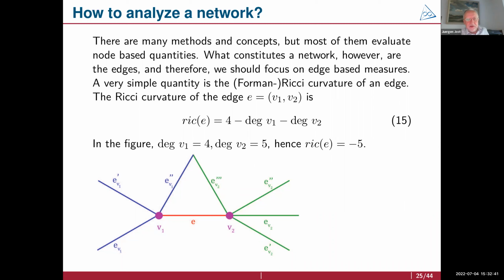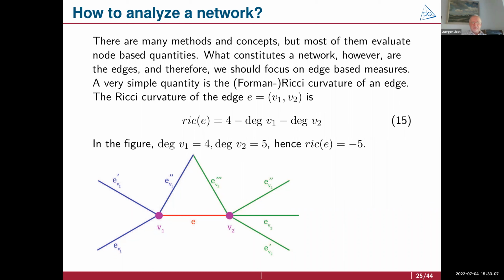There are some conventions behind that. So you may ask, why do we count the degrees negatively and why do we have the 4 there? Well, that comes from the history. The Ricci curvature was first developed in a very different context, that of Riemannian geometry, founded by Bernhard Riemann and then extended by Ricci and others in the 19th century.